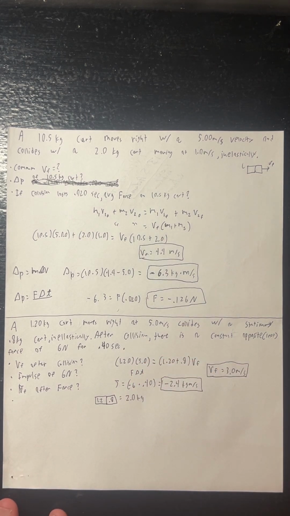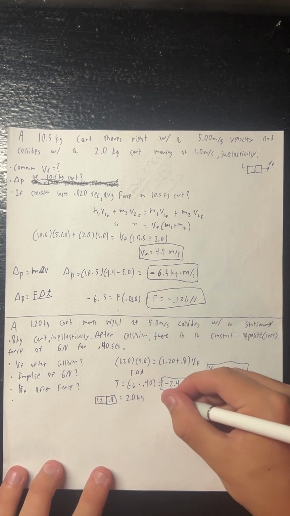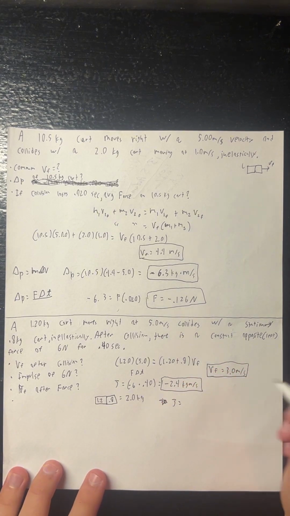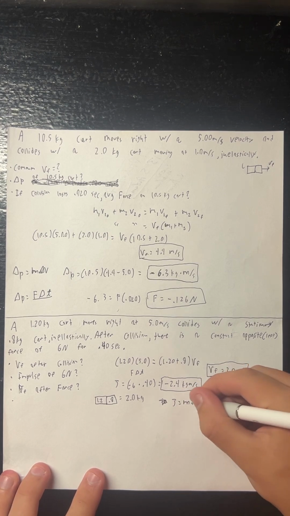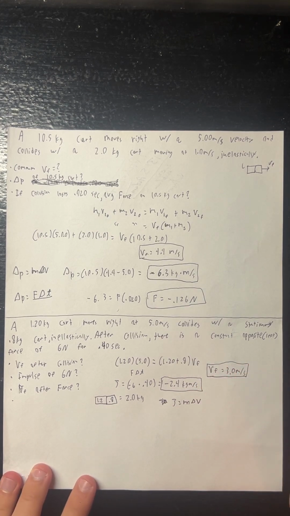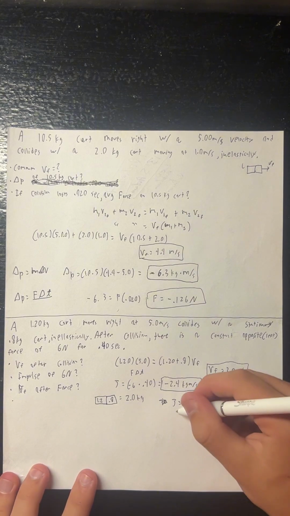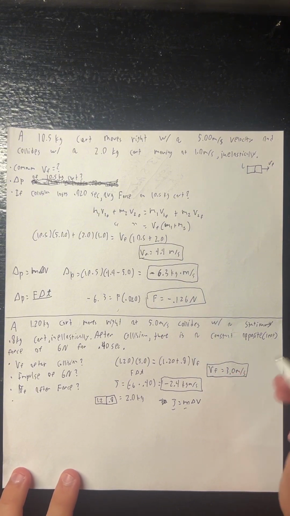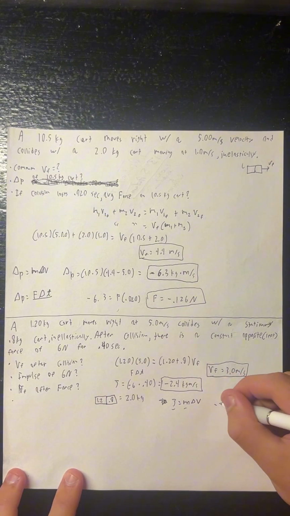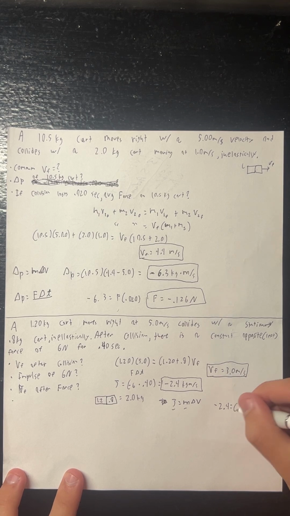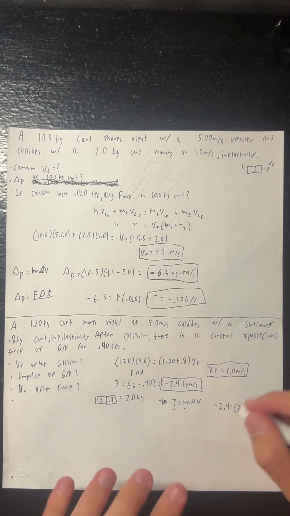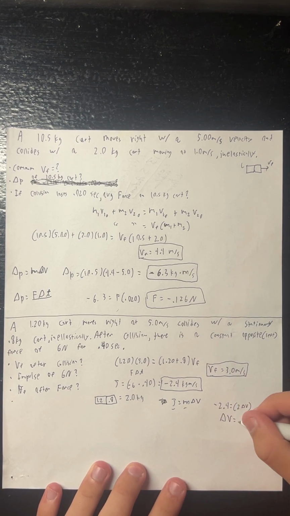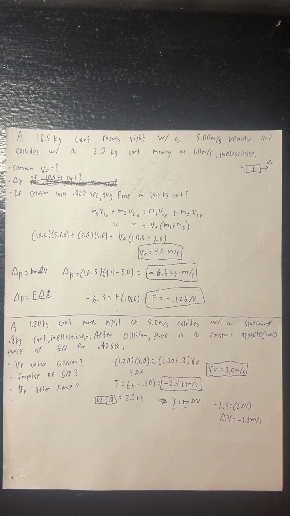From here, we can use the impulse, J, equals mass times delta V. We know the J and we know the M, which is 2.0, and we have to find the delta V. So we set up negative 2.4 equals 2 times delta V, and we get delta V equals negative 1.2 meters per second. That's just simple algebra.